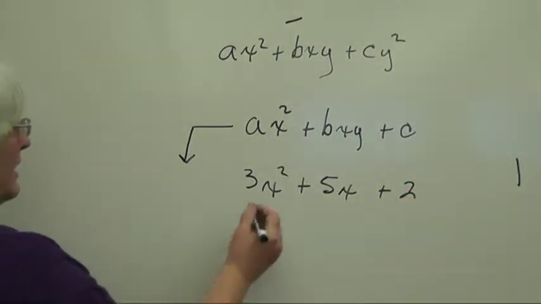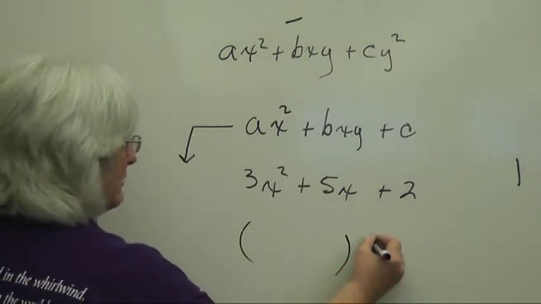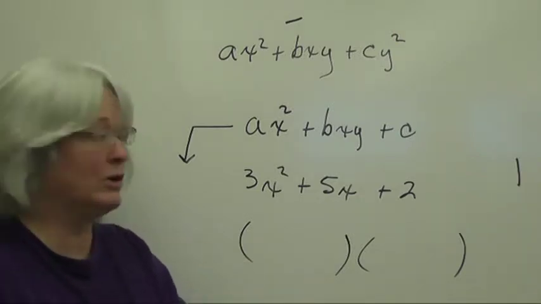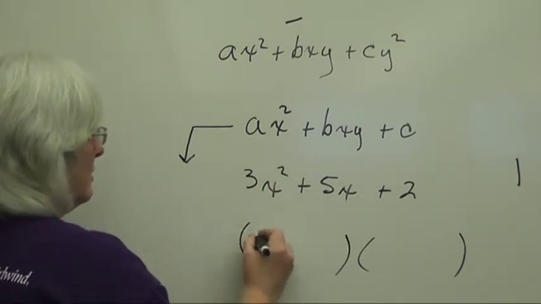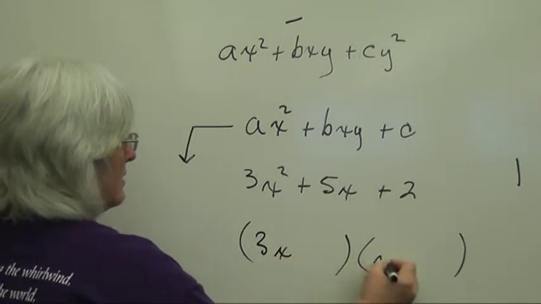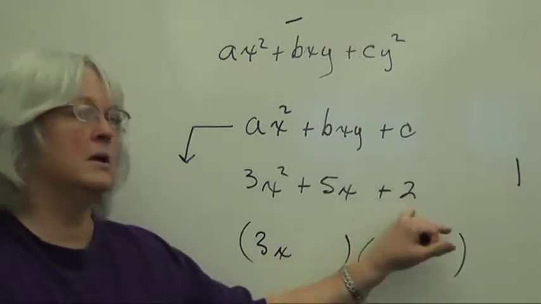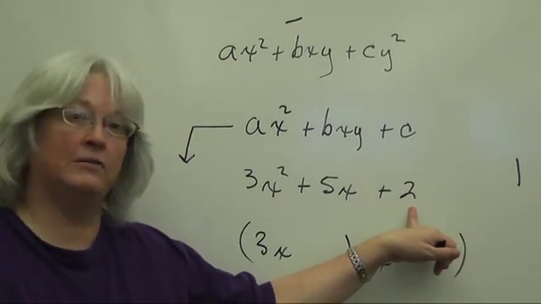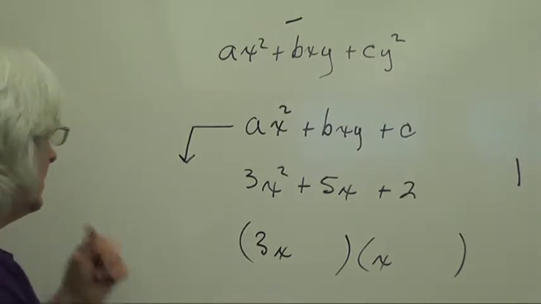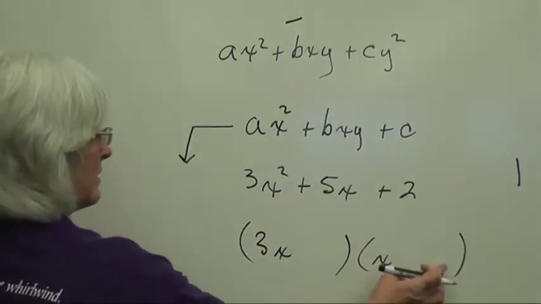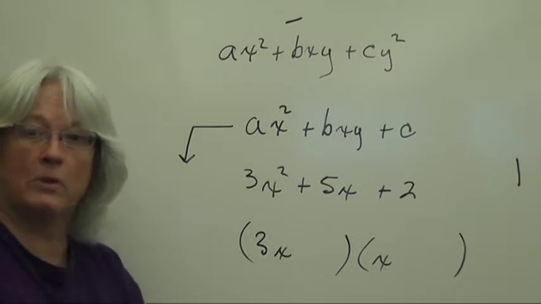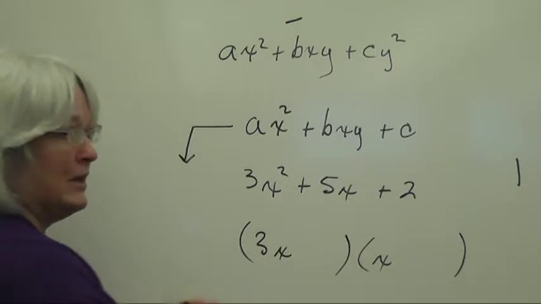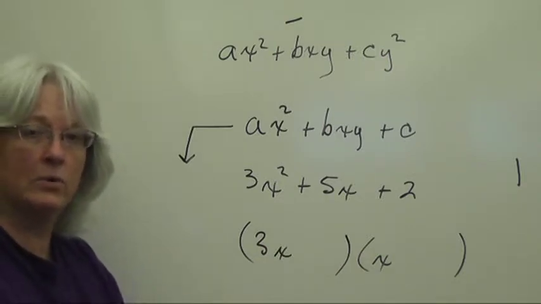And we learned that from our knowledge of using the principle of FOIL, what two expressions do we factor together to end up with 3x squared? We have a 3x, and you have an x. But we also have to factor in the possibility of having the 2 and the 1, and this is where we realize that our last factors are going to have to multiply together to give us a 2, but the sum of the outer and the inner products has to be equal to 5x as well.